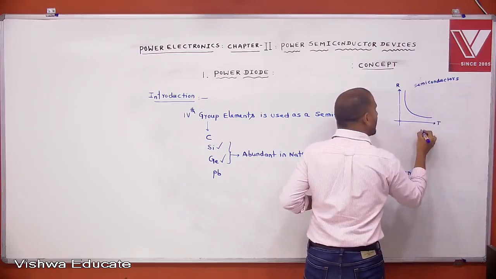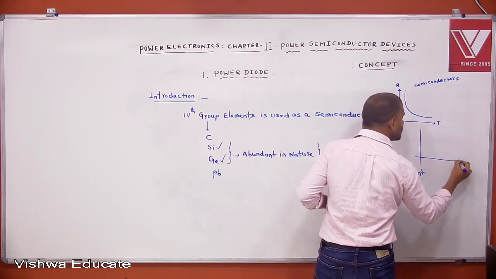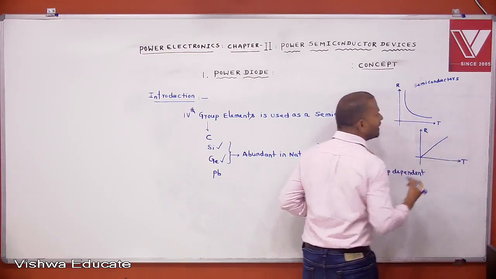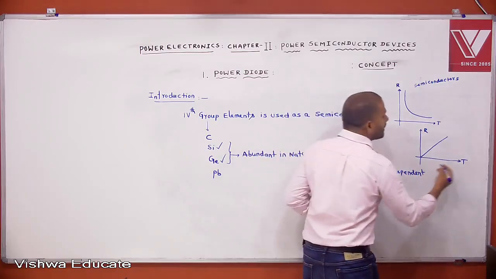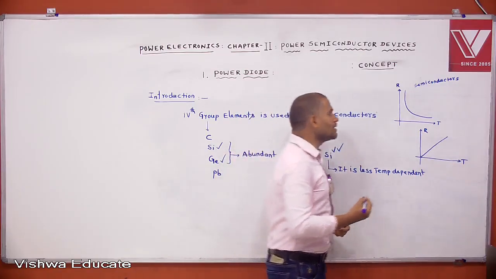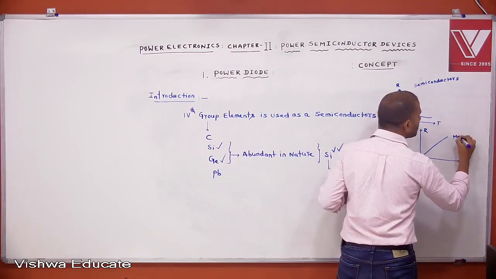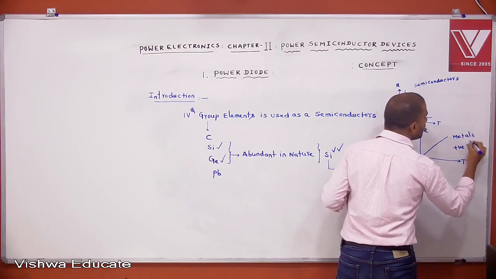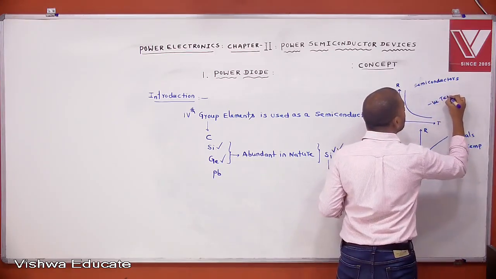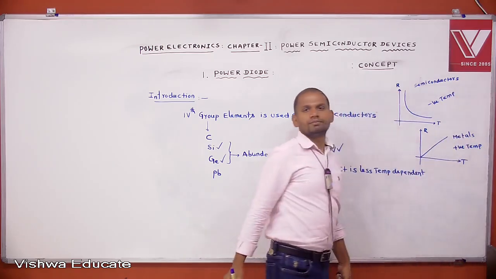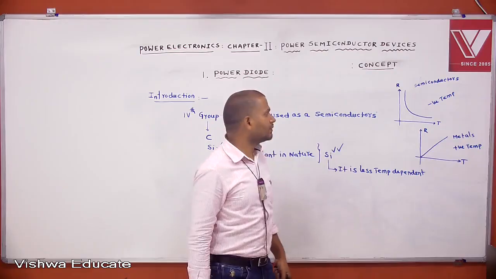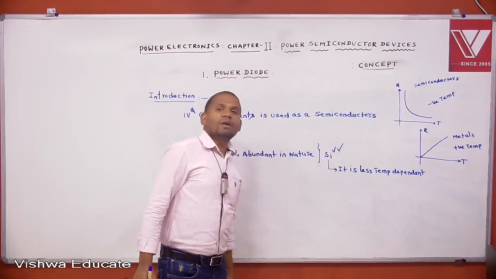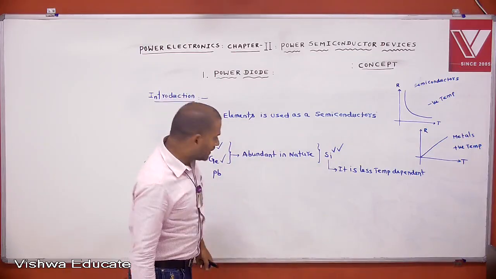In the case of conductors or metals, if the temperature increases, resistance also increases. This is positive temperature coefficient, and this is negative temperature coefficient. So between silicon and germanium, silicon is more favorable because it is less temperature dependent.